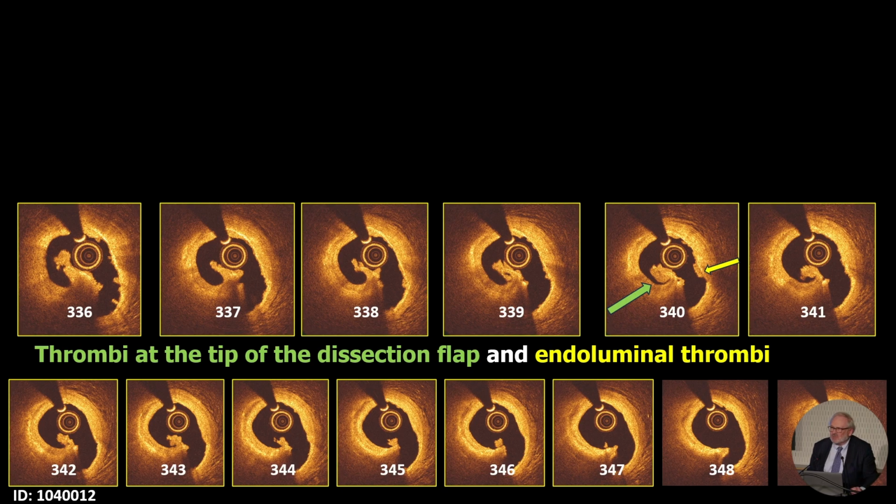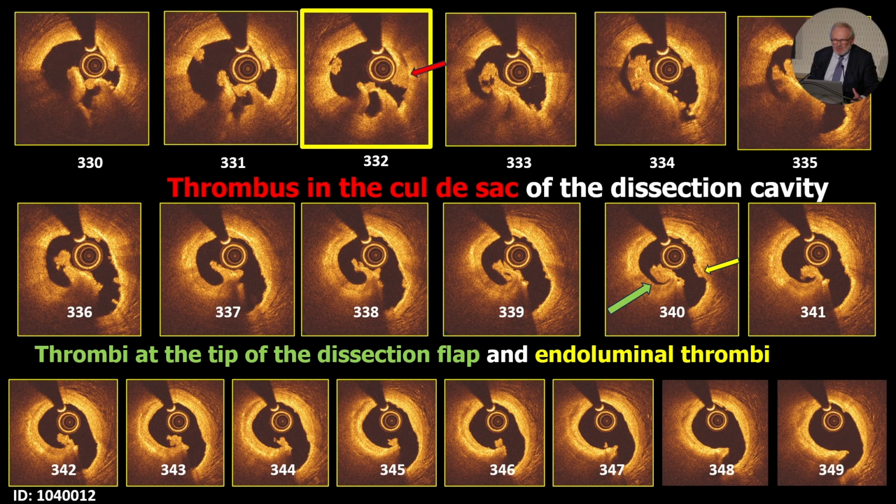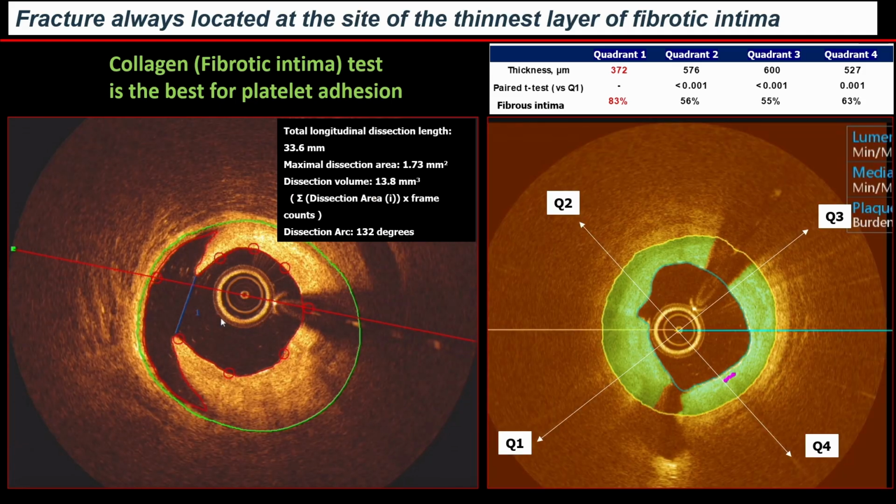There is a thrombus which is luminal. And let's look more specifically at the next one, the 332. Because then you see a thrombus with a red arrow, which is in the cul-de-sac of the dissection cavity. That's new for me.